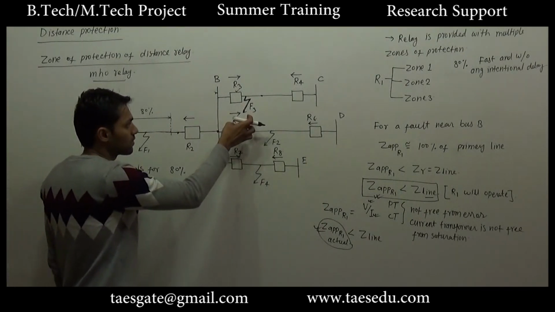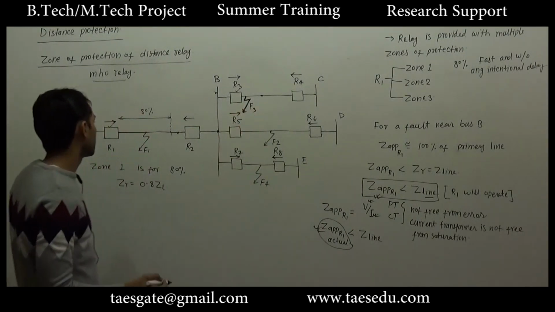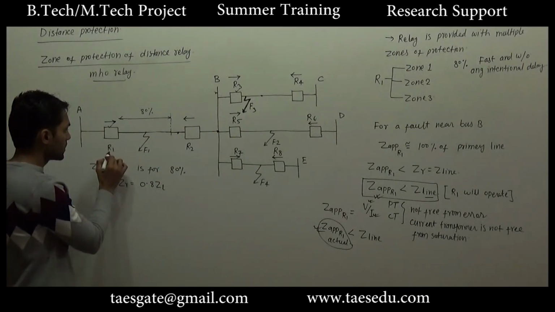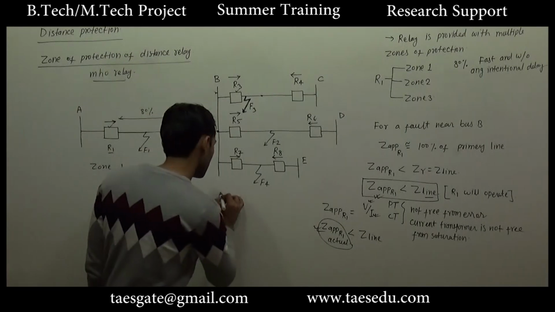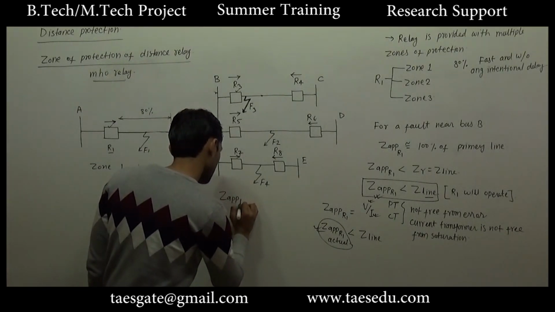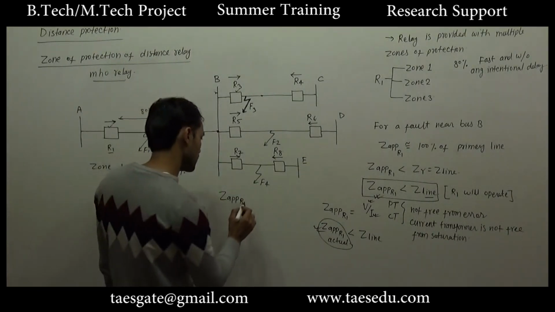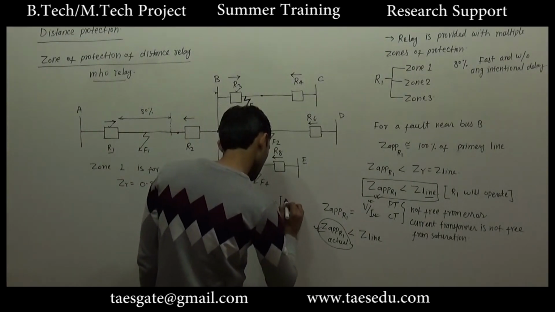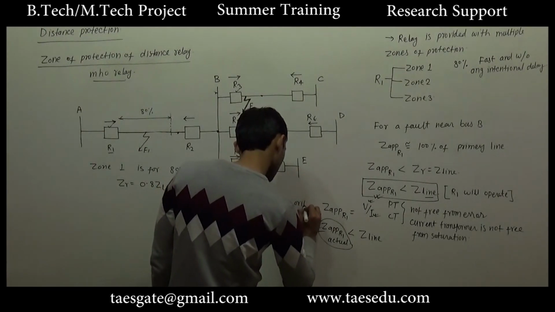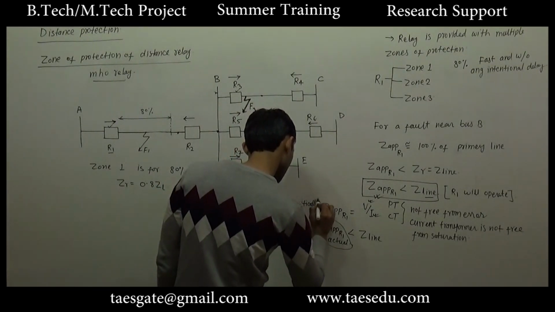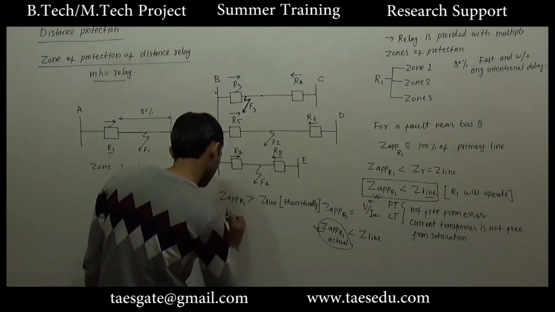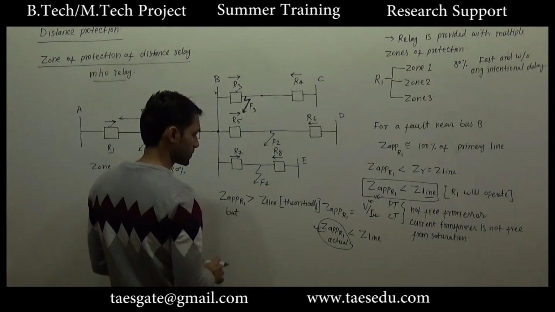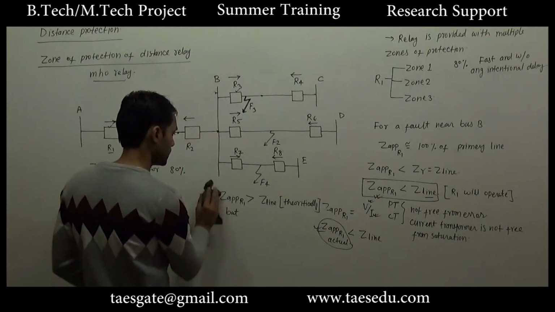Now for a fault F3, the impedance seen by relay R1 will be Z apparent of relay R1, which theoretically must be greater than Z line. Let me write down in detail.